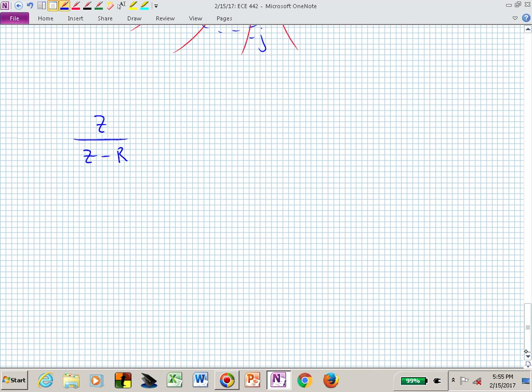And what's going to happen if we invert, or if we partial fraction expand z over z minus 1/2, z minus 3/4? Will we end up with this term z over z minus r? If you partial fraction this directly, what will you obtain?